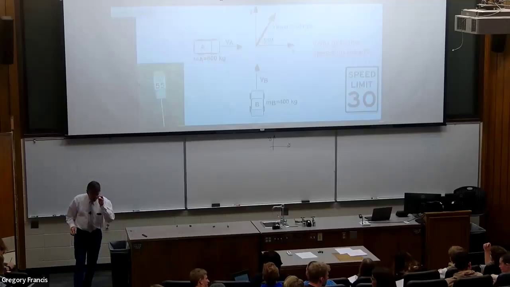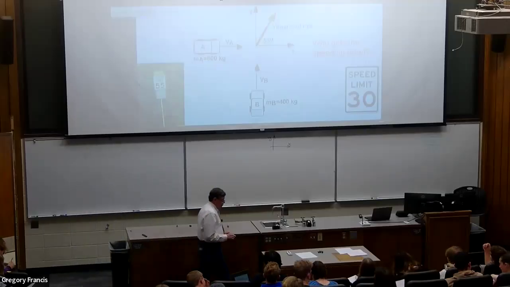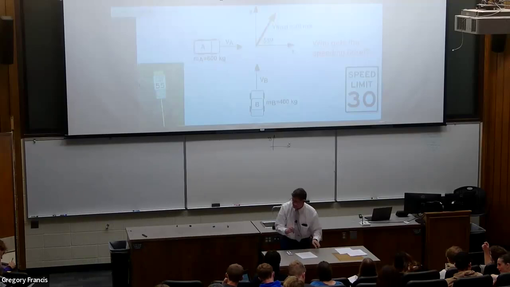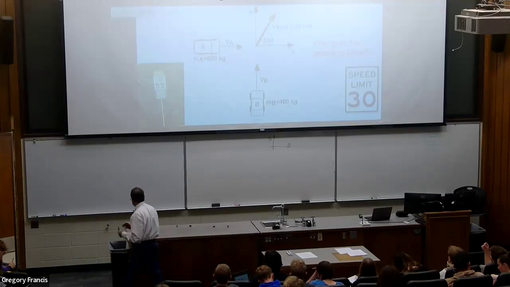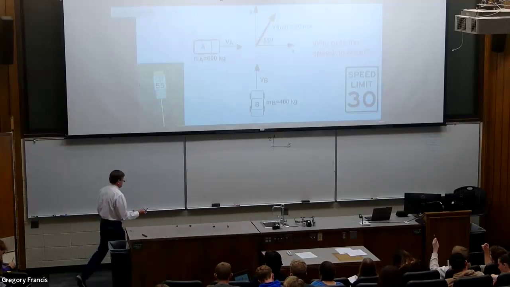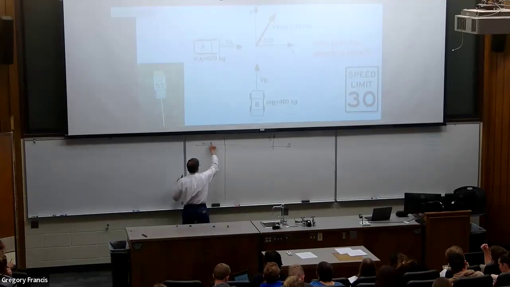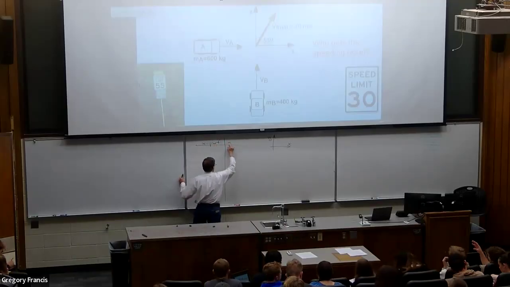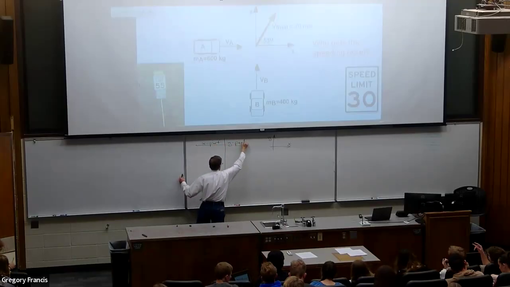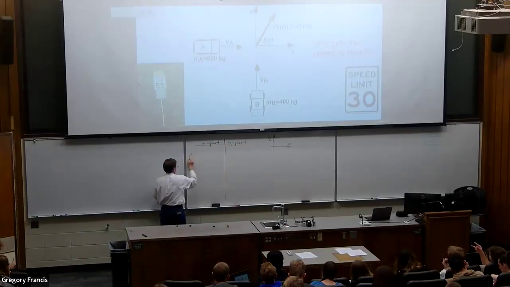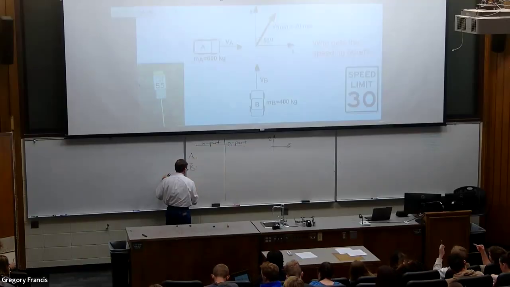I want to emphasize that the most important step in solving one of these two-dimensional problems really is that line separating the X part from the Y part. And here we've got car A, car B, and the total.